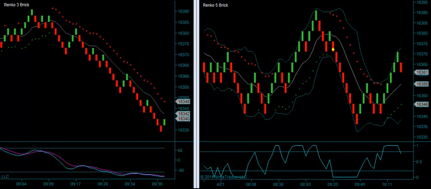So the setup components for this trade: the price envelope reverses from green dots to red dots. There is a midline, which is the gray line inside the volatility bands, and it rejects.